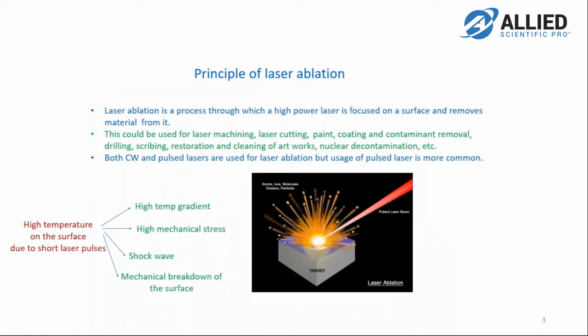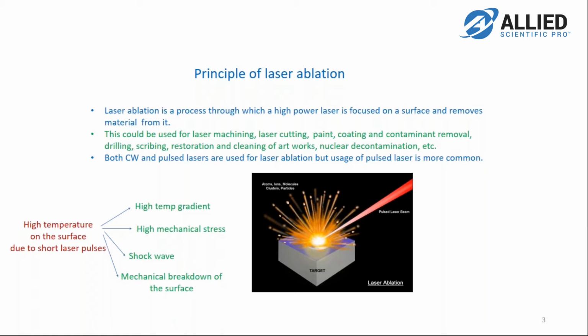This is a process in which a high power laser shines on a surface and basically ablates material from the surface. It could remove a coating or rust, or it could also do drilling or cutting or other operations. Once the high power laser is focused on the surface, many physical processes take place.